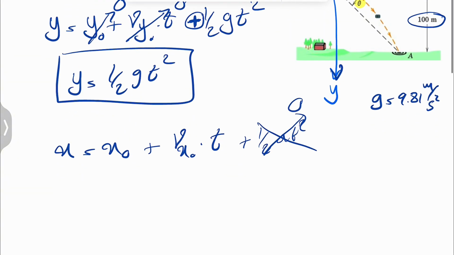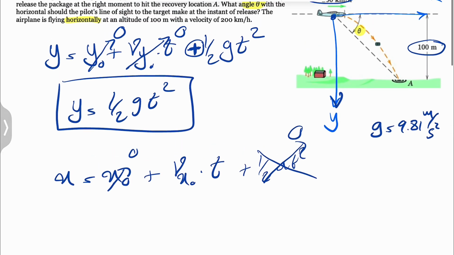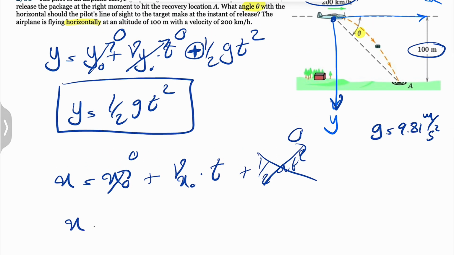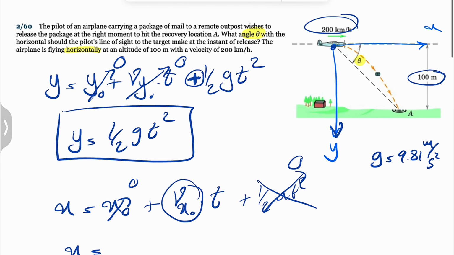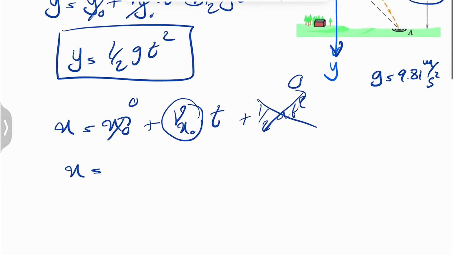So that's all we have. x0 is going to be 0 because we put our origin at that point. So x is equal to the initial velocity in the x direction, which is 200 kilometers per hour, and we're going to divide it by 3.6 to get it in meters per second. Let me do the conversion.